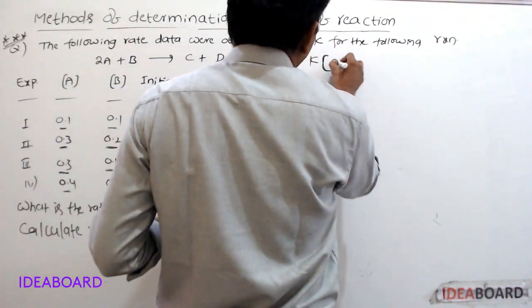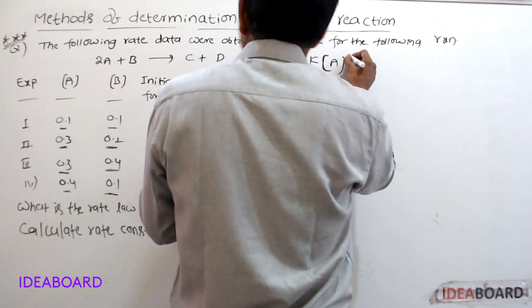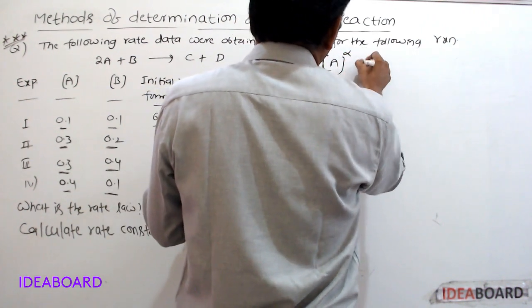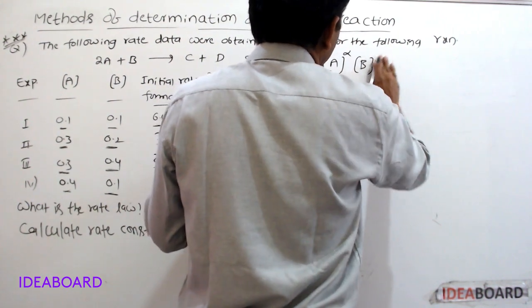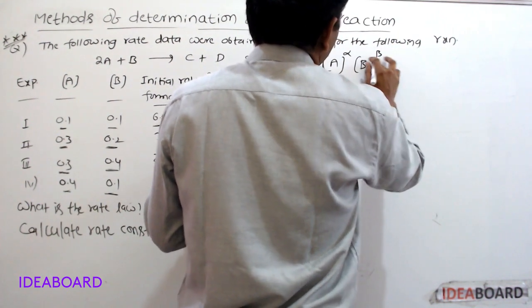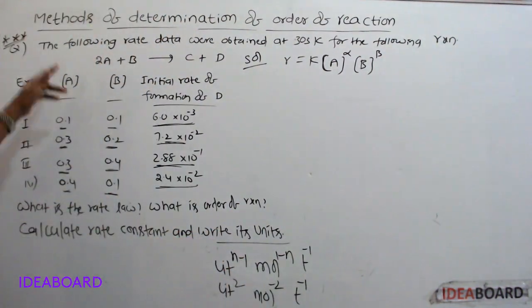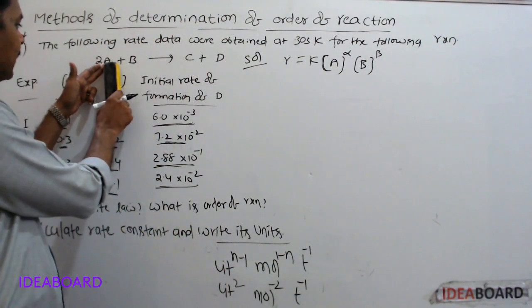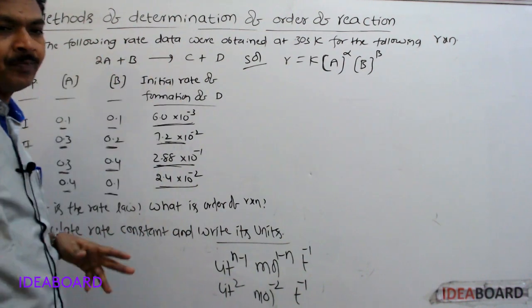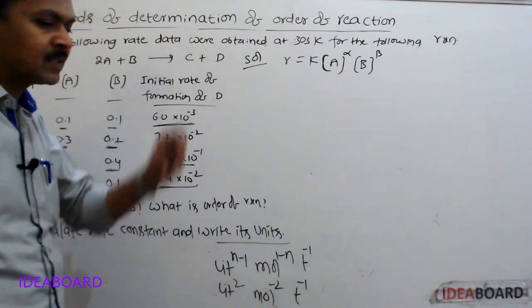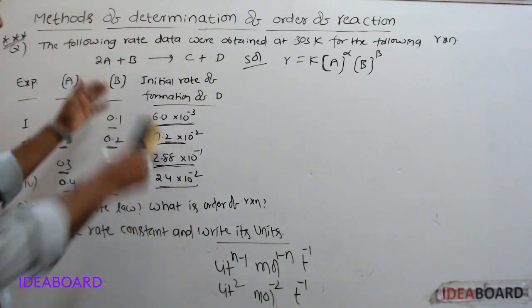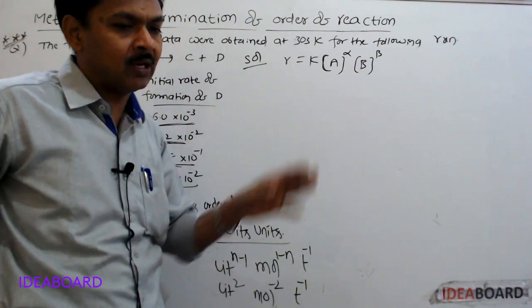Rate is equal to K into A concentration power alpha, B concentration power beta. For this given reaction, directly we cannot tell order with respect to A is 2, with respect to B is 1, because the rate equation can be obtained after doing experiment only.